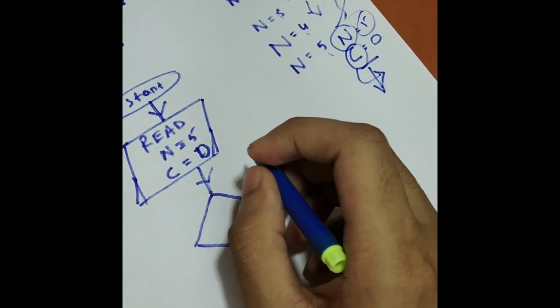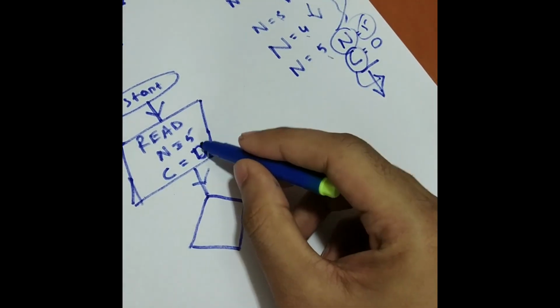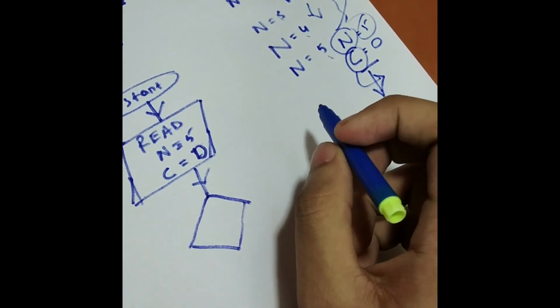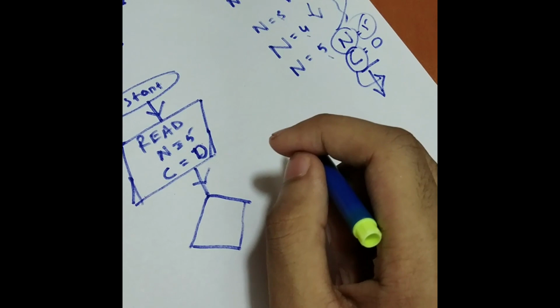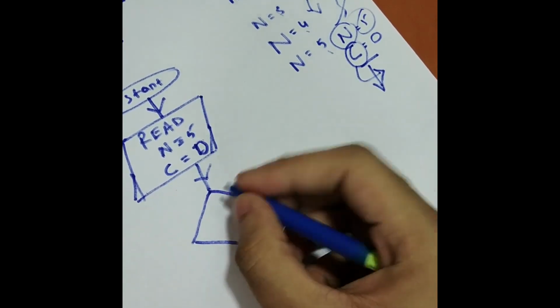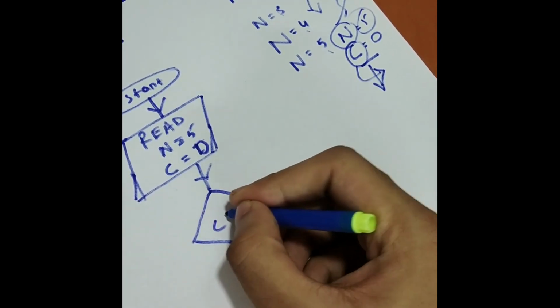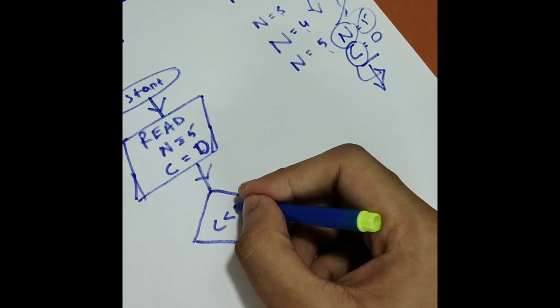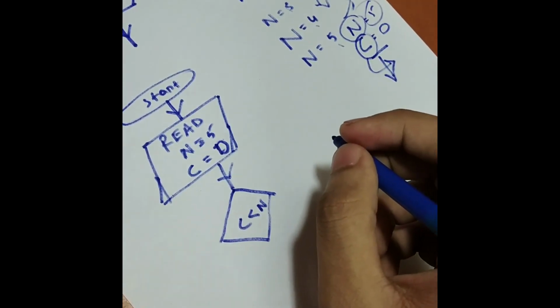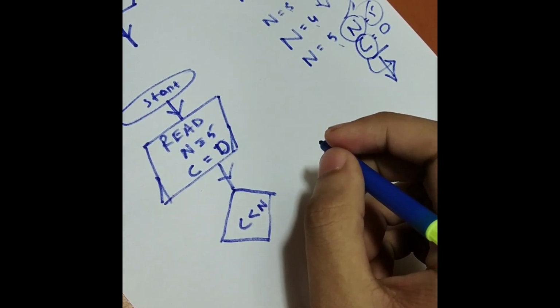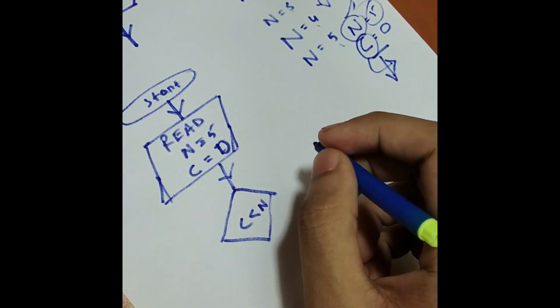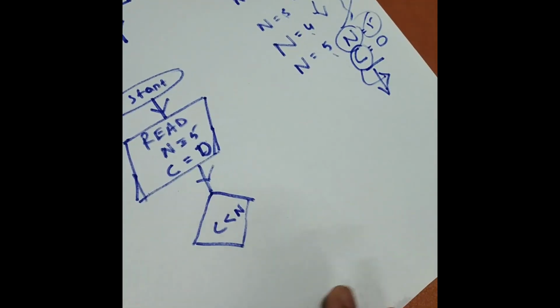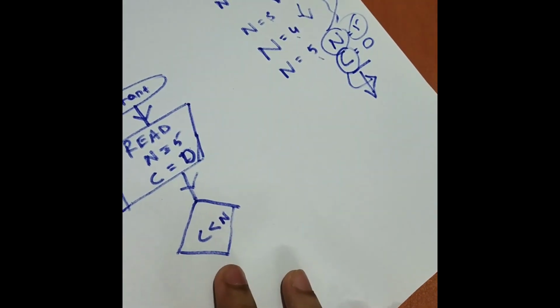It will check whether this C is less than or equal to n or not. Actually, I should have said whether it's less than n or not. Now, I know it's very confusing right now. So what is this thing actually doing?